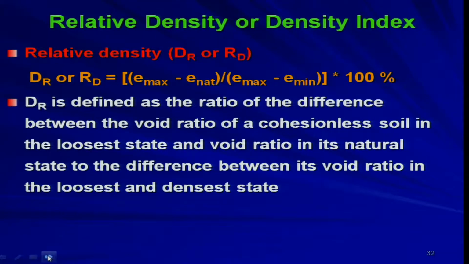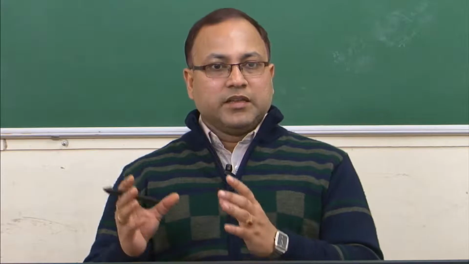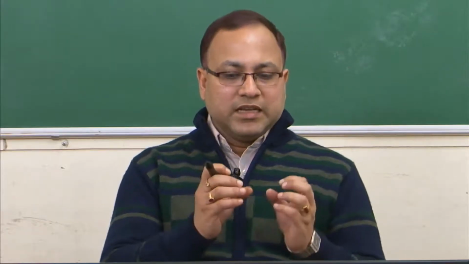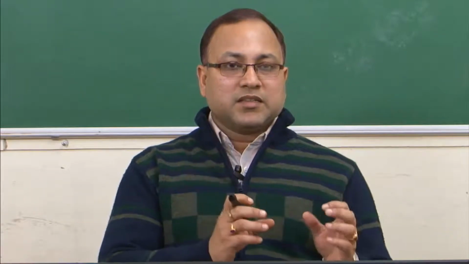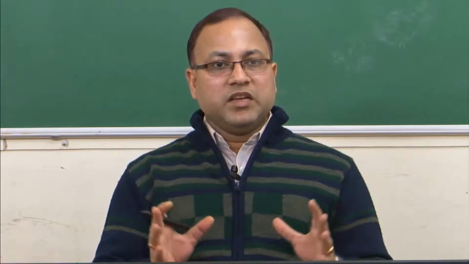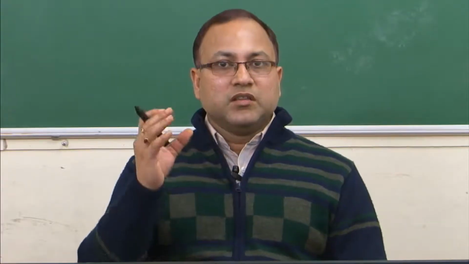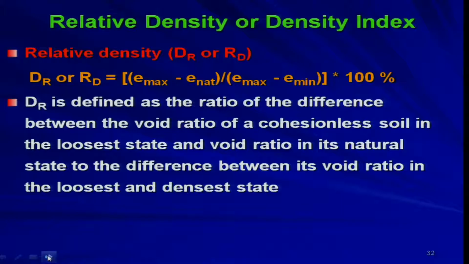Dr is defined as the ratio of the difference between the void ratio of a cohesionless soil in its loosest state, that means e max, and the void ratio in its natural state. Whatever soil sample you are considering has some natural void ratio, that is e natural. And e max is the void ratio if you consider the soil sample in its loosest state, which is the maximum void ratio the soil sample can have, to the difference between its void ratio in the loosest and densest state.